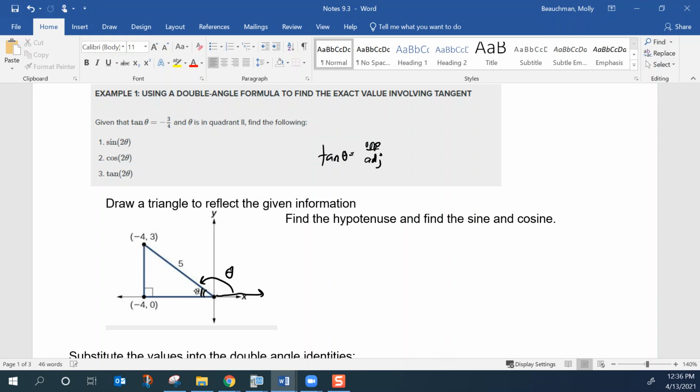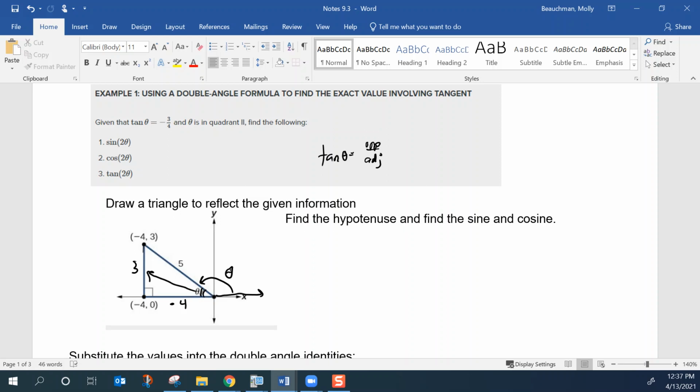So the opposite side over the adjacent side: the opposite side is 3, the adjacent side is 4, and the adjacent side is negative because in that second quadrant, the x values are negative, y values are positive.